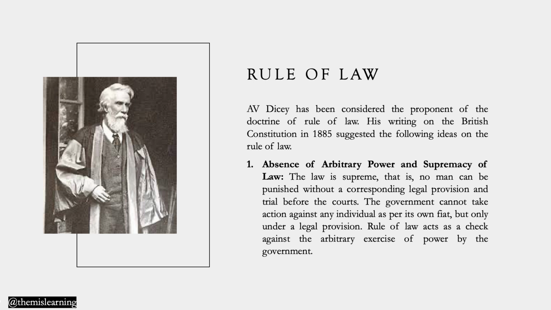The law is supreme, that is, no man can be punished without a corresponding legal provision and trial before the courts. The government cannot take action against any individual as per its own fiat, but only under a legal provision. Rule of law acts as a check against the arbitrary exercise of power by the government.